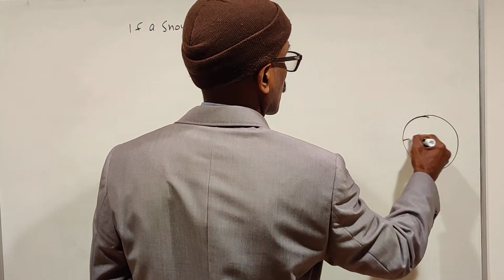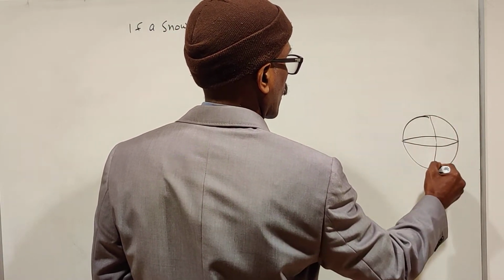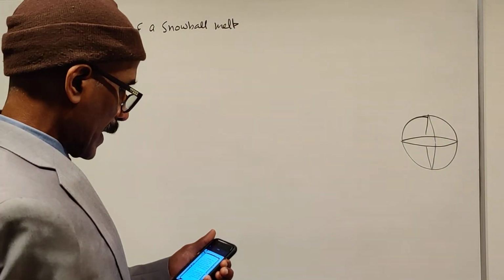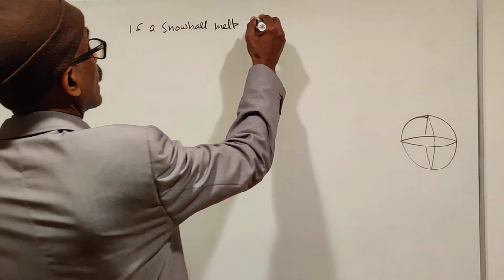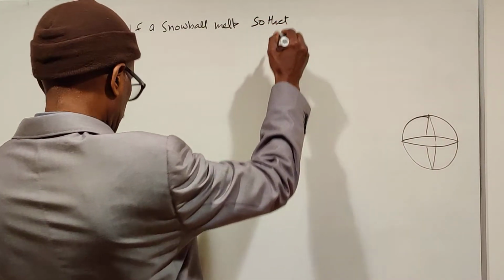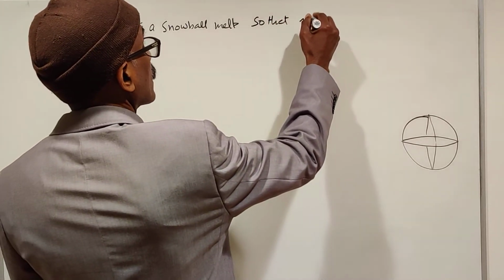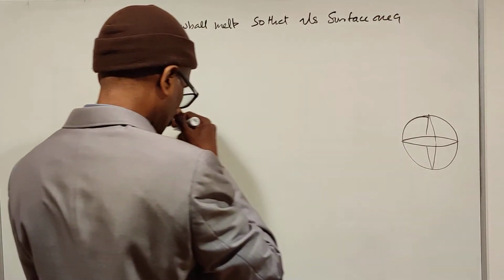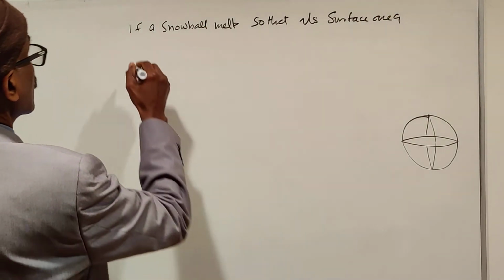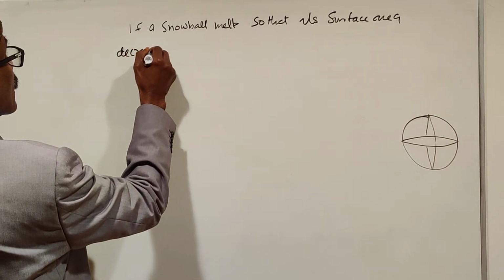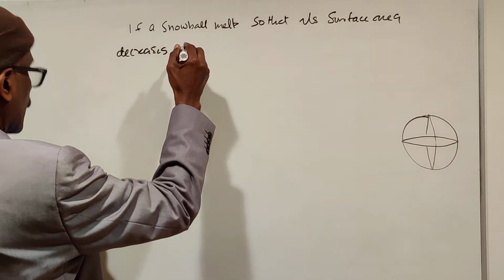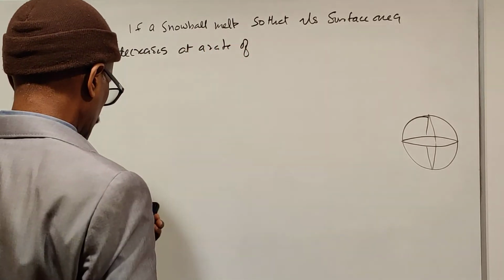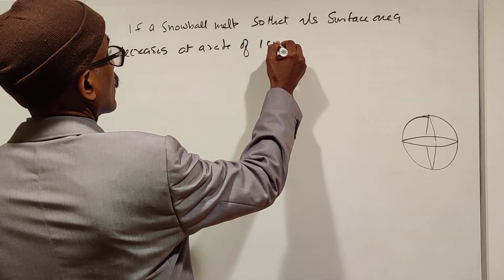It melts so that its surface area decreases at a rate of 1 centimeter square per minute.